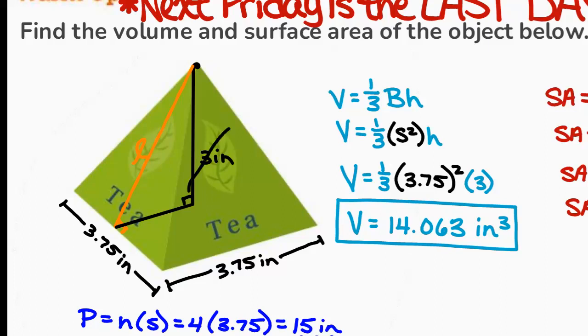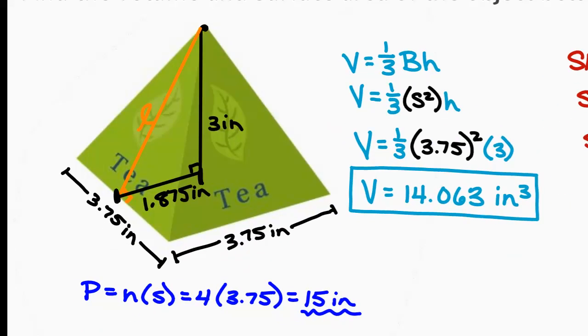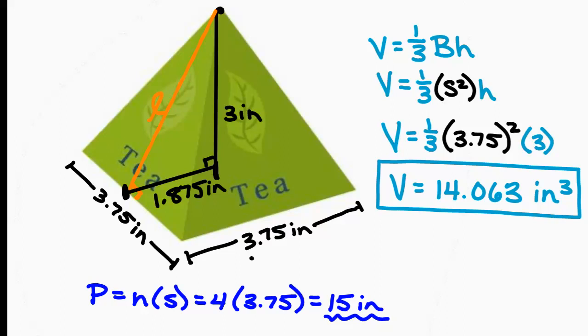How far would it be from the base edge to the center of the pyramid? 1.875 inches, yes. To get that, we would take the 3.75 inches and divide it by 2. 1.875. All right, now we have everything we need.